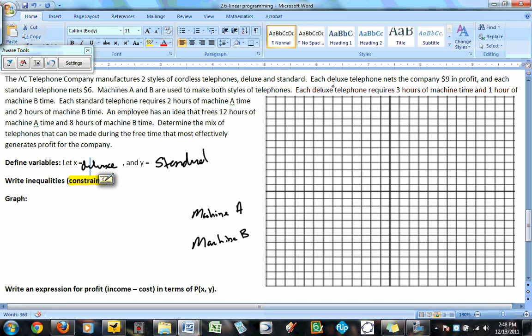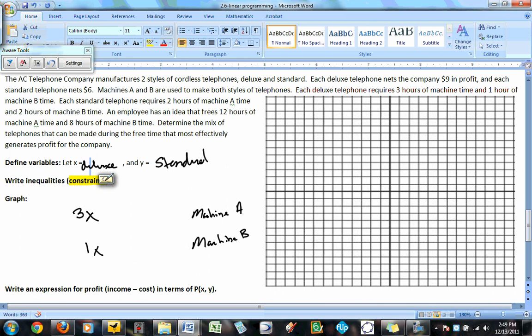Machine A. All right, it says each deluxe telephone requires 3 hours of machine A time. So 3 hours for each deluxe on machine A, and 1 hour on machine B. So 1X because we made deluxe X. All right.